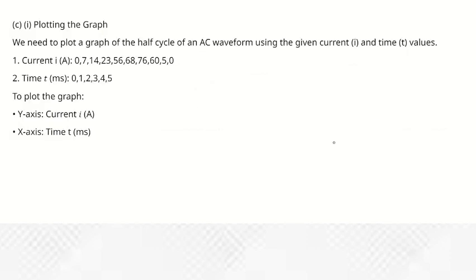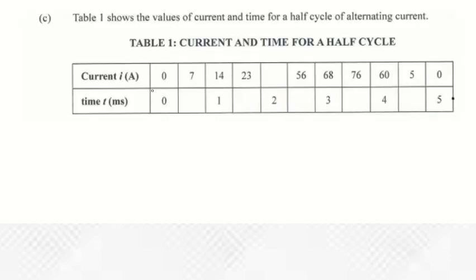So in order for us to plot the graph, we need to use the given current and the time values. We have current values of 0, 7, 14, 23, 56, 68, 76, 65, and 0. And we have some time values in milliseconds: 0, 1, 2, 3, 4, and 5.